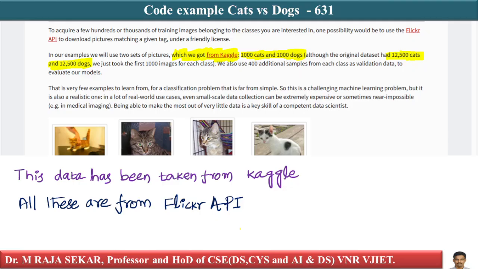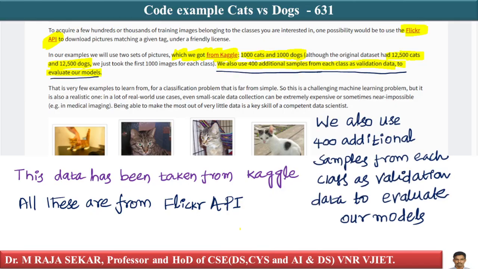Flickr is basically an online repository, like Google Picasa, for photos. What they have done is they have taken thousands of images for each class in training, and 400 additional samples for each class in the validation.